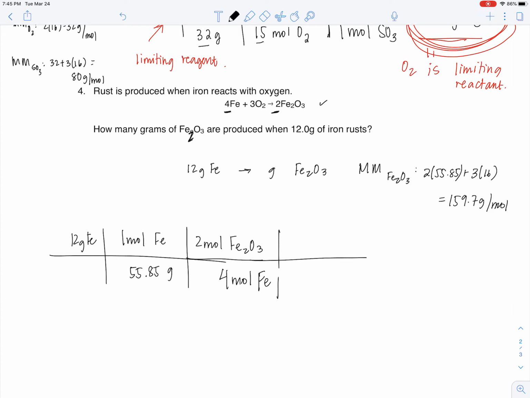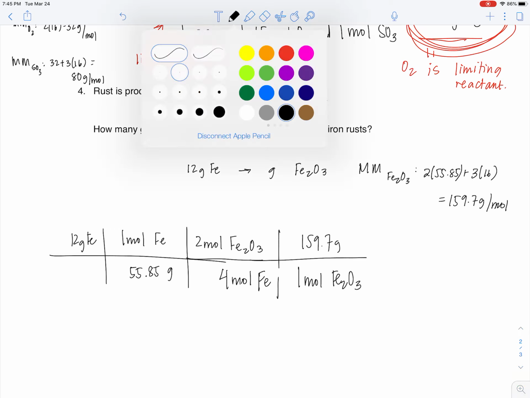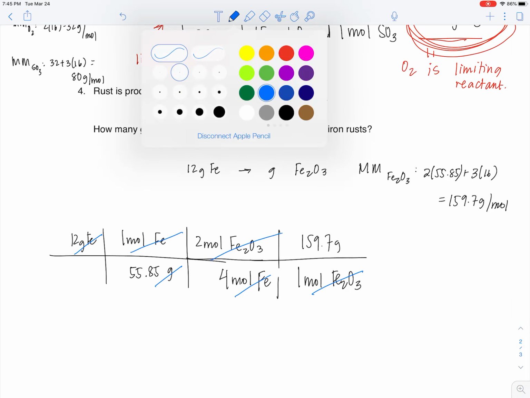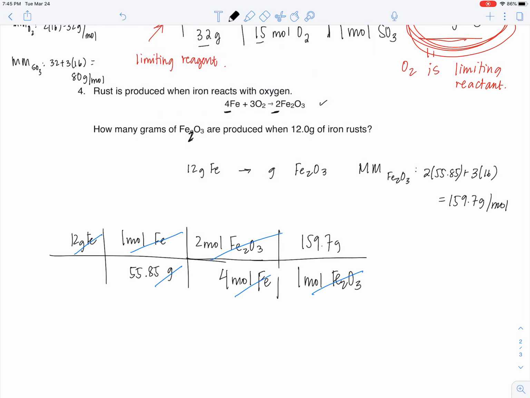Then 159.7 grams is the molar mass of 1 mole of Fe2O3. I haven't been doing this in the other problems, but you can certainly do it in yours: make sure that your units cancel. Grams of Fe cancels, moles of Fe cancels, moles of iron 3 oxide cancels, and I'm left with grams, which is the unit that I want.